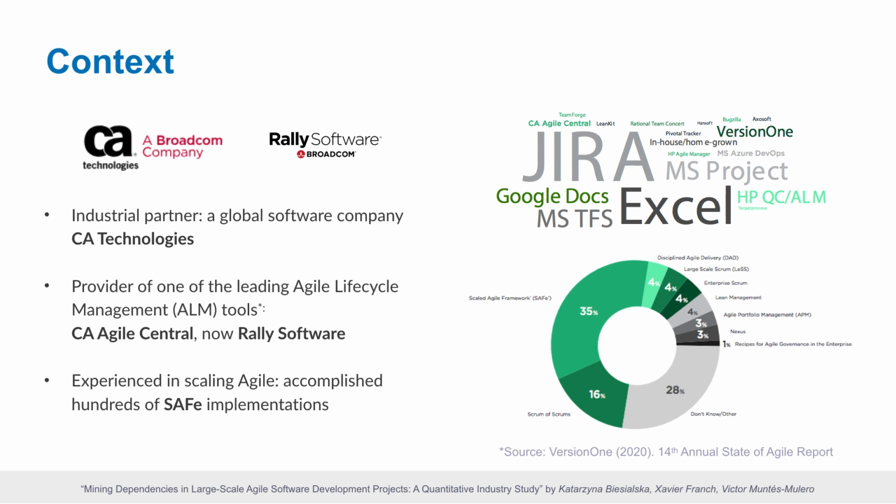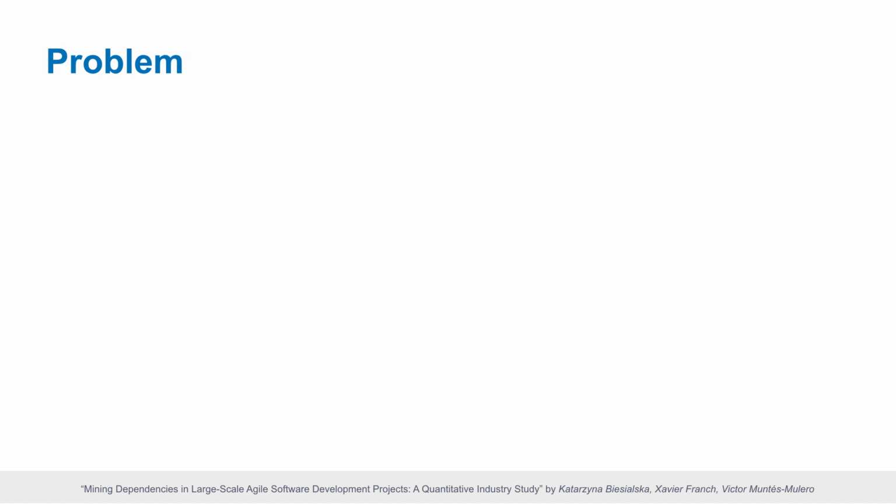The company has a considerable experience with scaling agile inside and outside the organization. Overall, CA has supported hundreds of enterprises during their large-scale organization transformations.